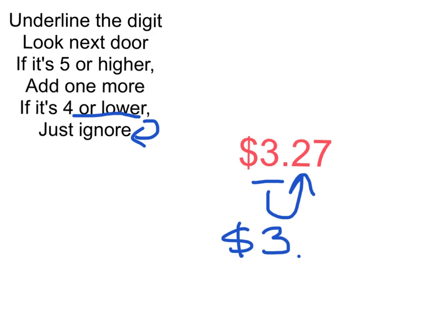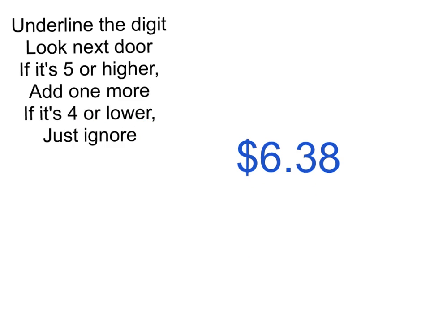But we are going to change the 2 numbers after it. When you round, you need to change the following numbers to zeros. That's the same whether you go higher or stay the same. In this problem, again, we're going to round to the nearest dollar. So that's the digit that we need to underline.